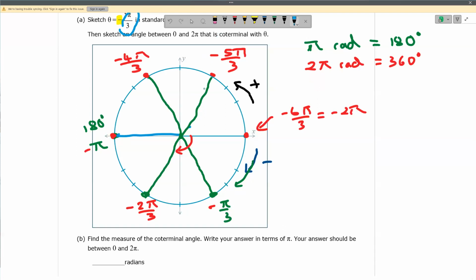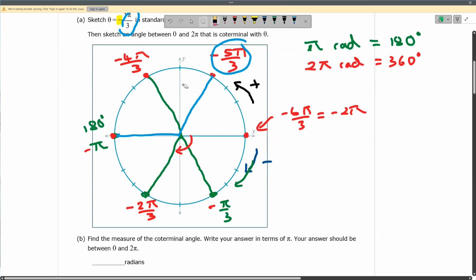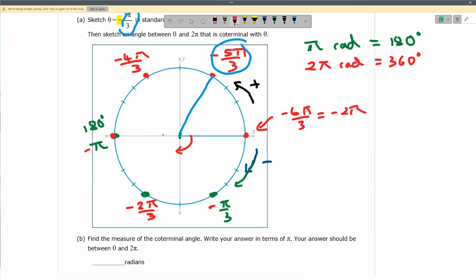The answer for our problem is this: that is negative 5 pi over 3, and that is your terminal side. The angle we are considering is this. You're going around almost a complete 360, but not quite.